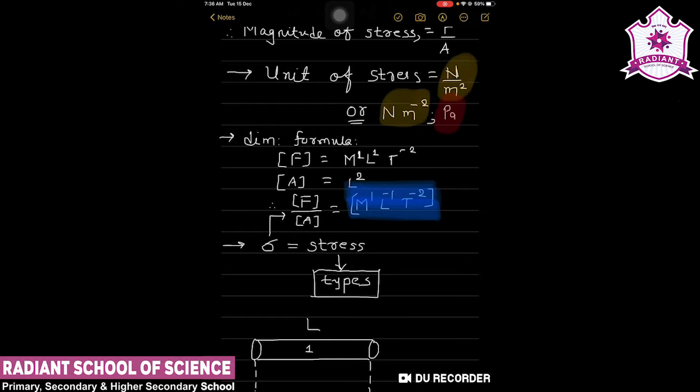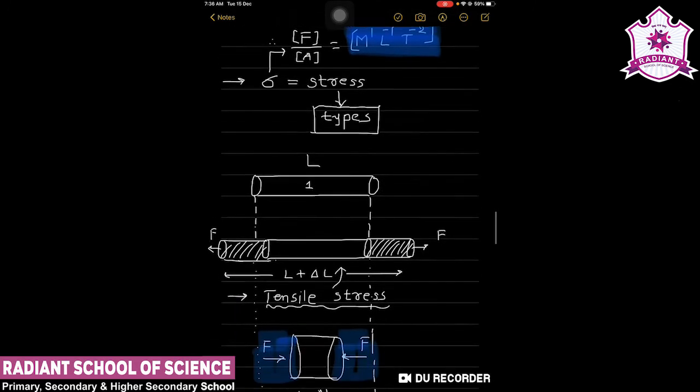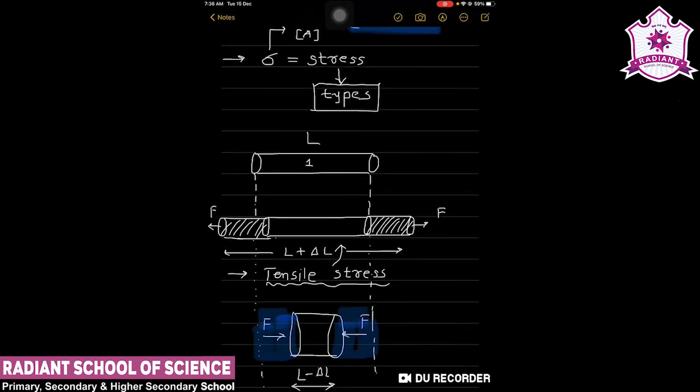We also define one new term, strain, that we will define later, but we understand it as the change in the dimension of the object relative to its original dimension. So the ratio of change of dimension to its original dimension is considered as strain. First we define stress, and afterward we define the term strain in detail.